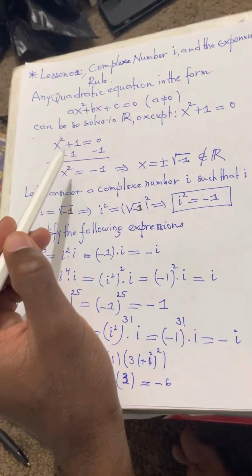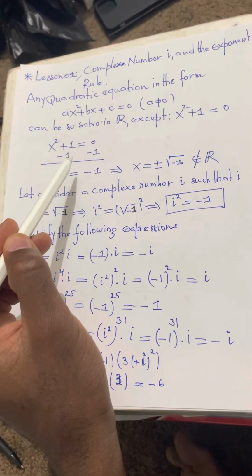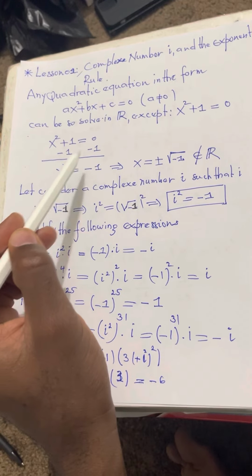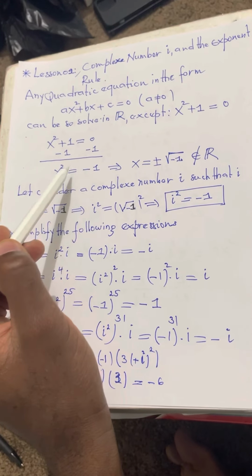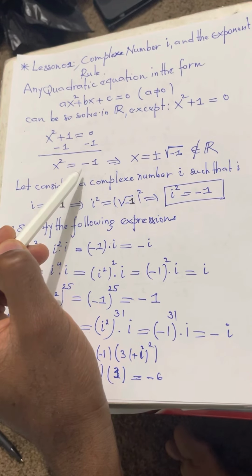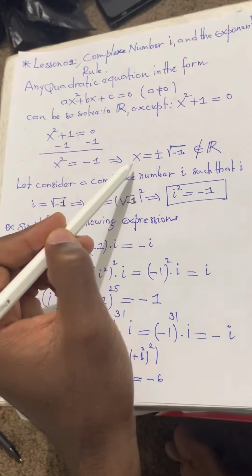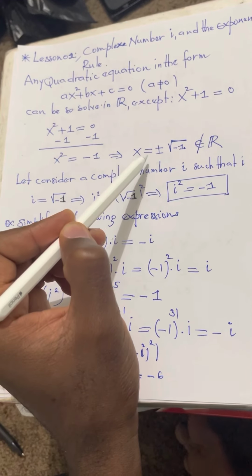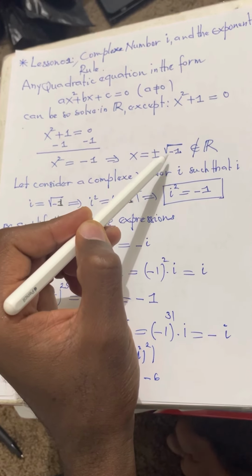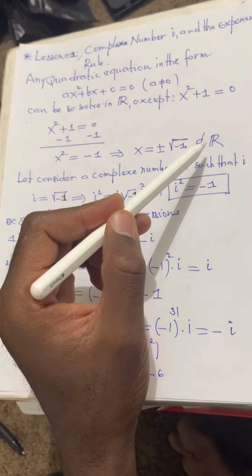When we try to solve this equation in R, we have to add negative 1 on both sides. You will end up with x squared equals minus 1. That implies that when you apply the radical on both sides, you will find x equals plus or minus the radical of negative 1, which does not belong to R.